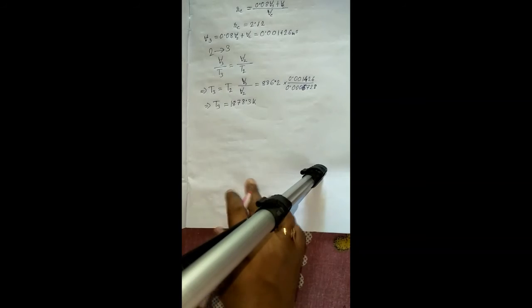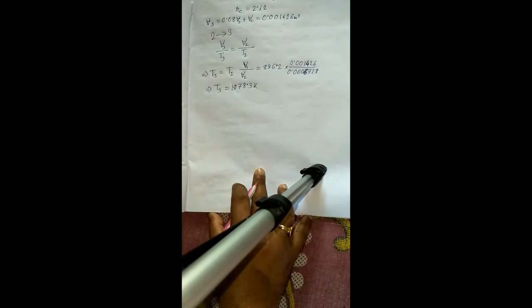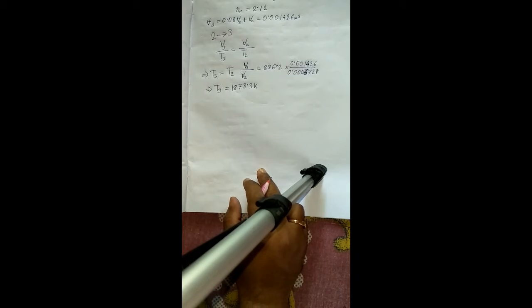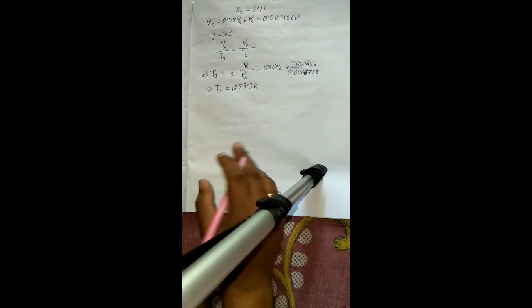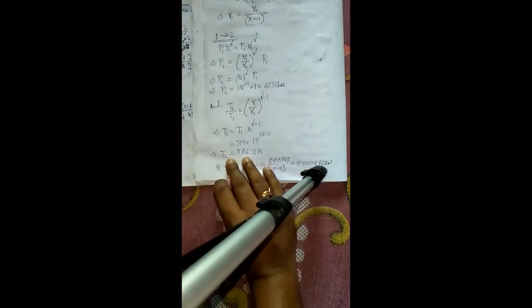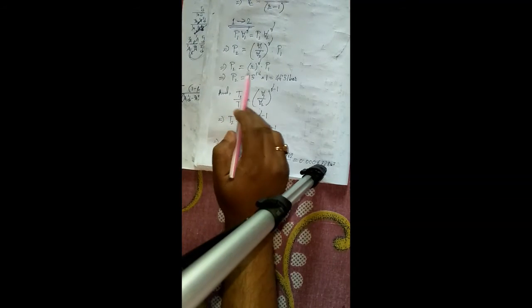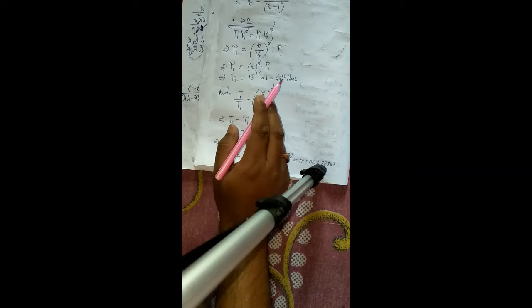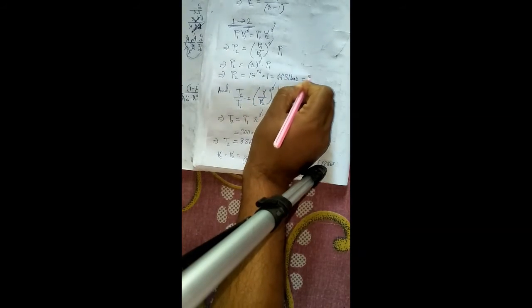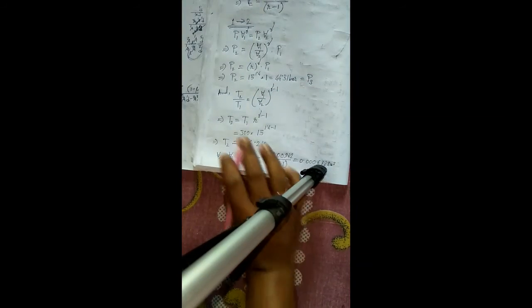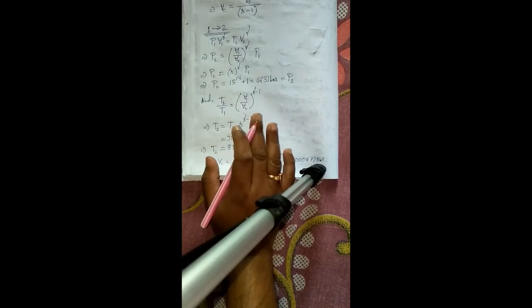So we have P3 already known, because P2 and P3 are the same: 2 to 3 is the constant pressure process in the diesel cycle.